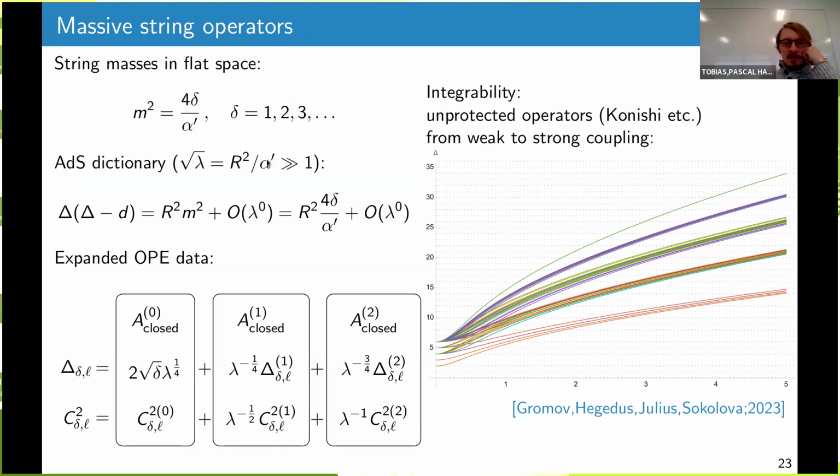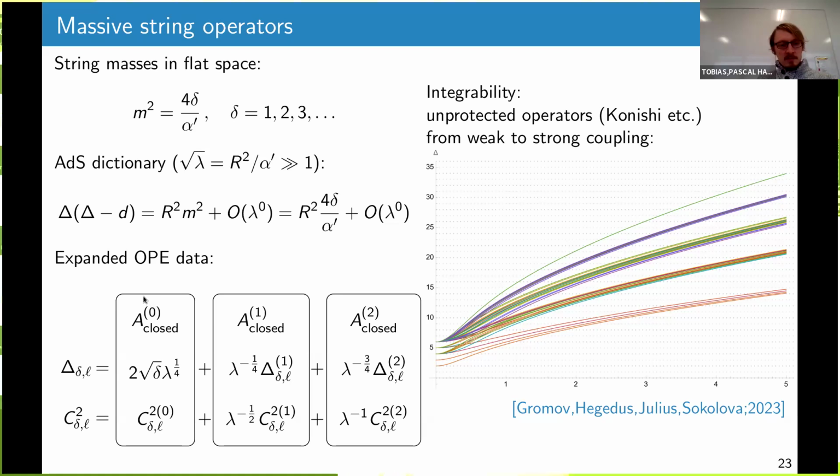And in a strong coupling or small curvature expansion, we can use the AdS/CFT dictionary where we equate the Casimirs, and that gives us the leading dimension at strong coupling. So we just plug in here the flat space masses, and we get the leading dimensions in terms of mass levels.